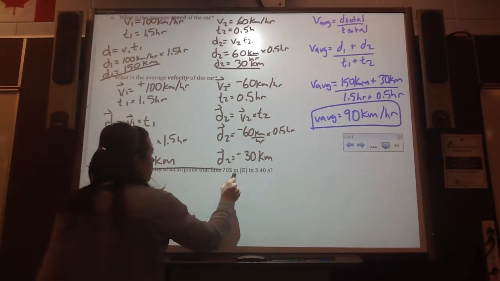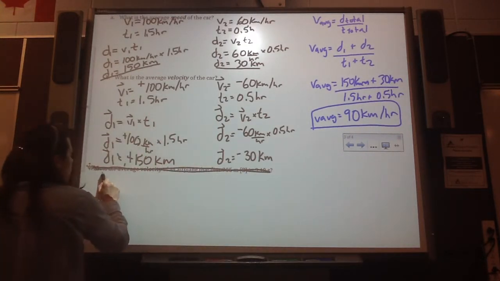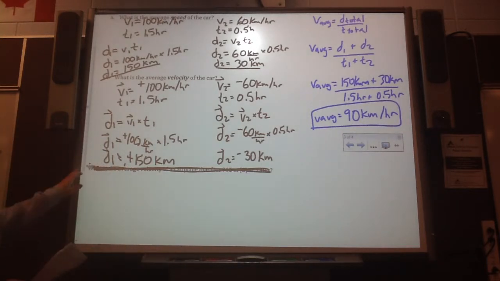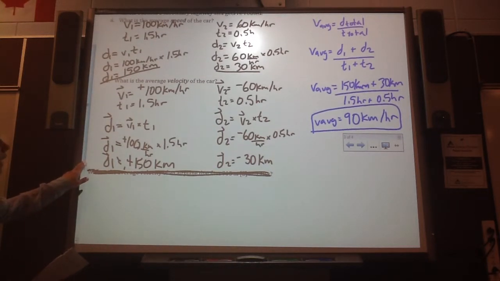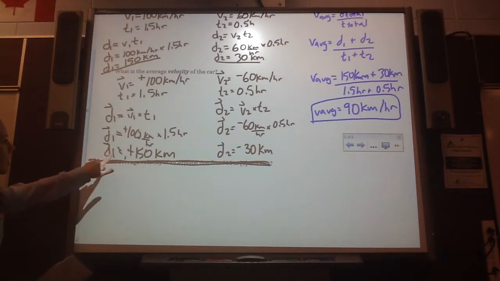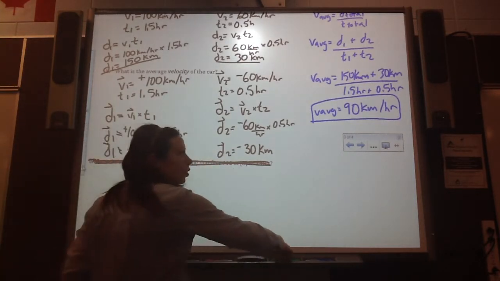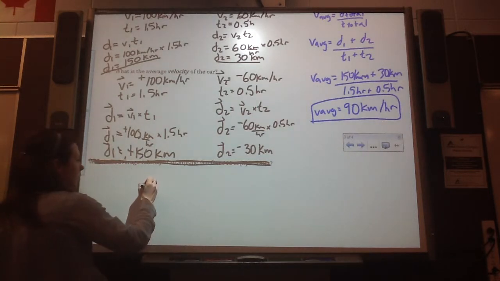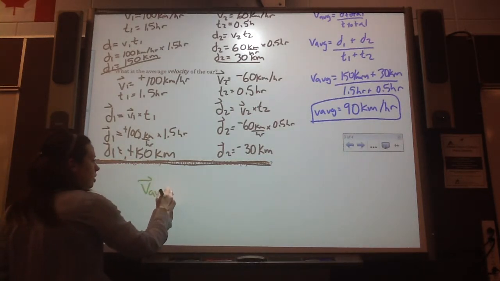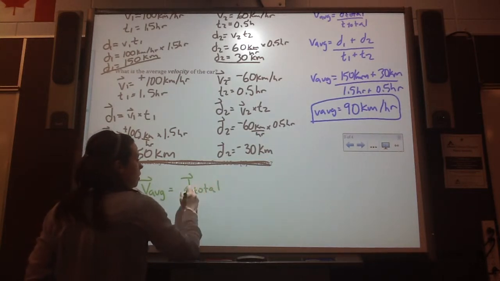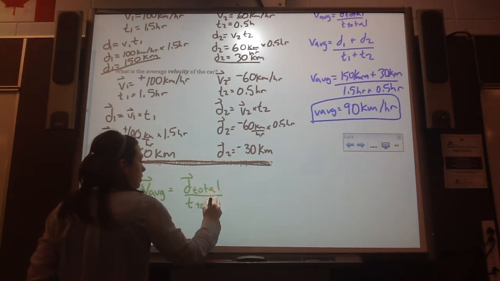I'll just ignore this for a bit and use this space to finish this question. Okay, so now we have our D1 and our D2, because our overall formula we needed was V average is equal to D total over T total.